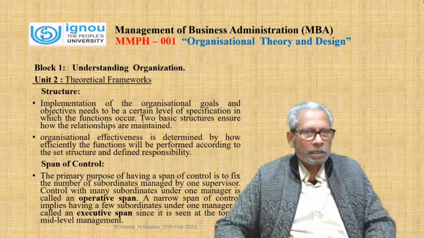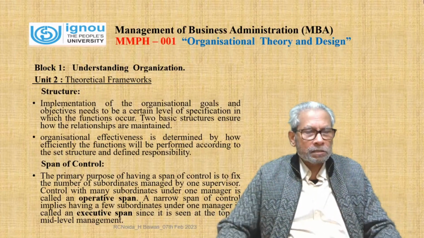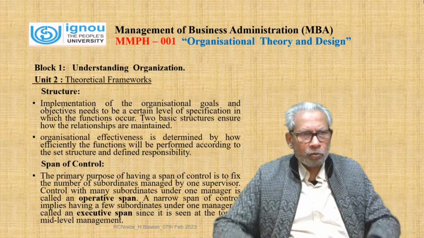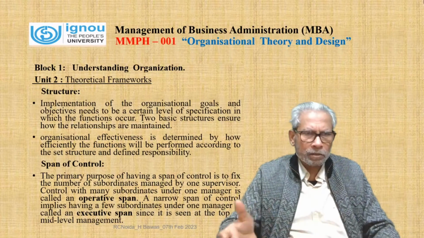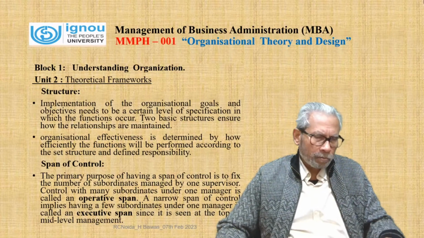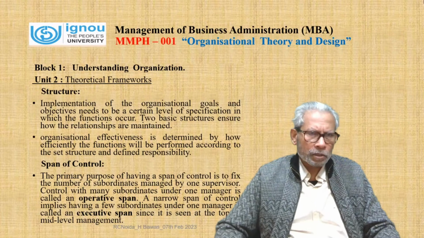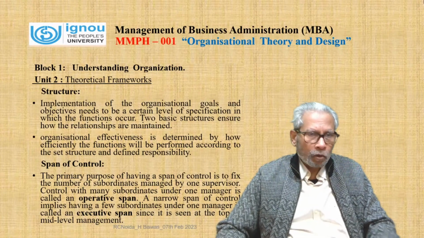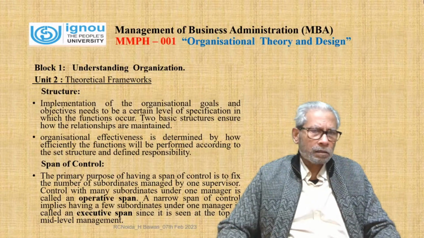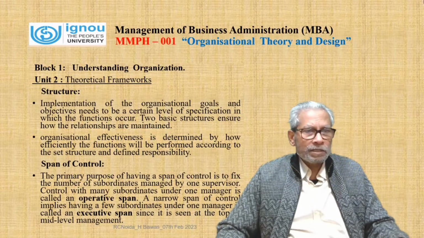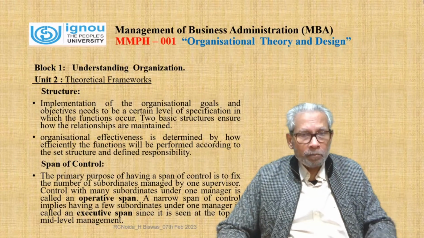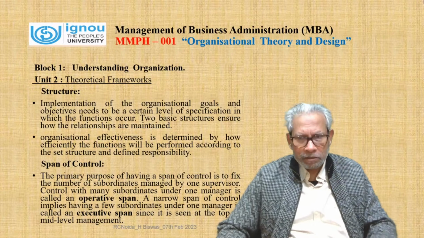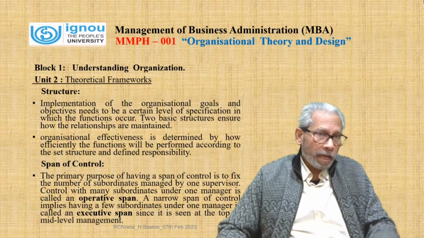So structure may be horizontal, vertical, or flat, with so many different types, depending on the company or organization. The structure may change or be modified. Organizational effectiveness is determined by how efficiently the functions are performed according to the set structures.